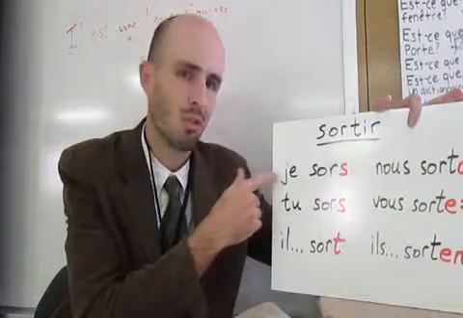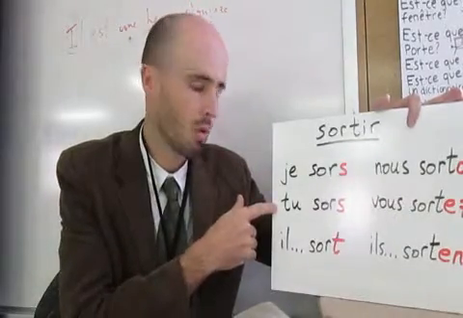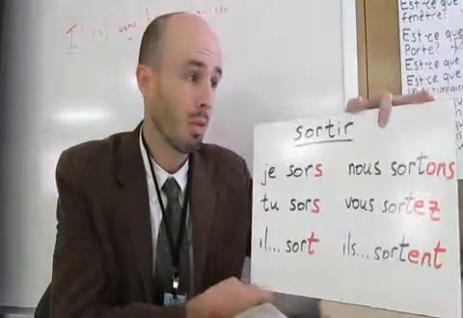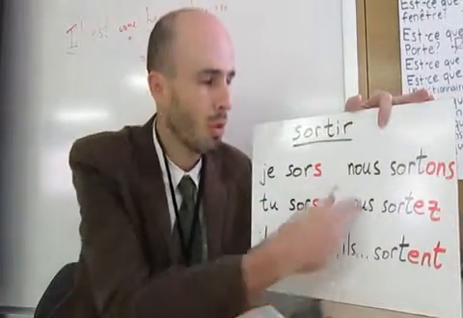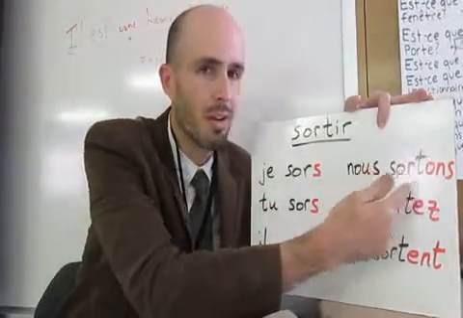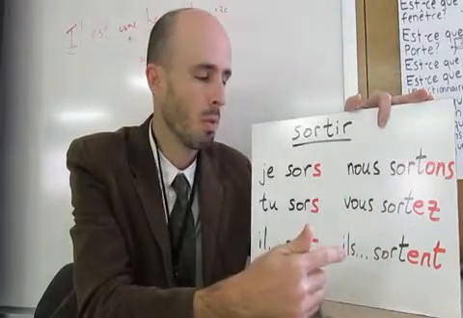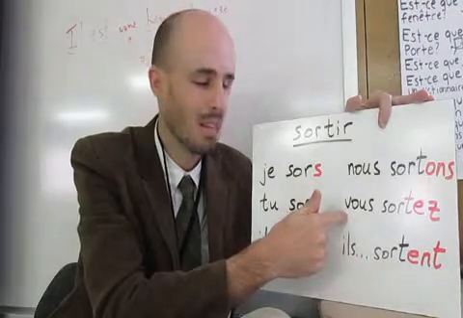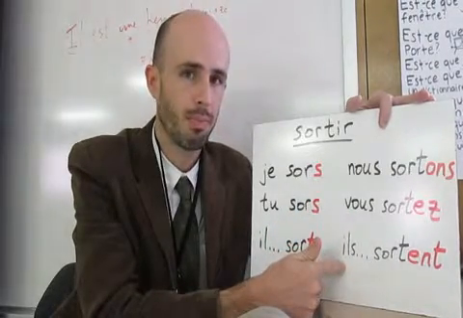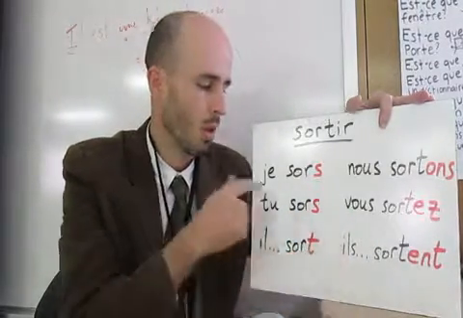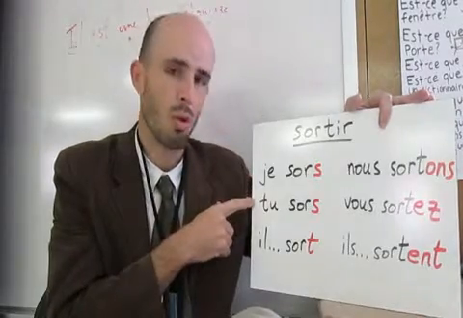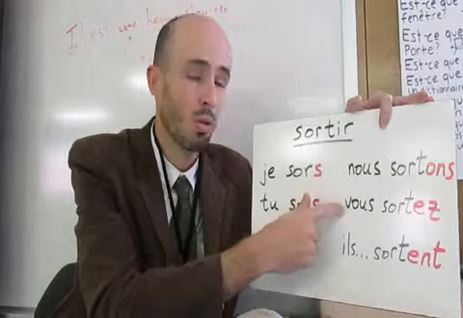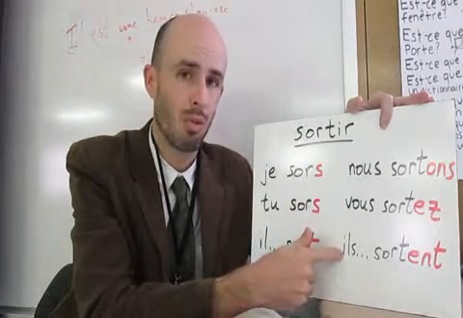We have je sors, tu sors, il sort. But then notice how we have a different stem in the plural forms. Your stem here is S-O-R-T. So we have nous sortons, vous sortez, ils sortent.